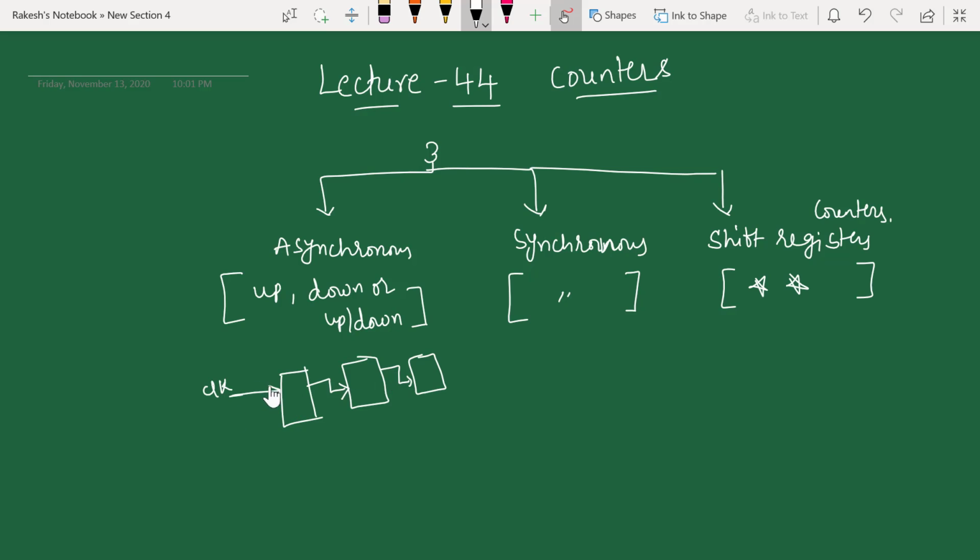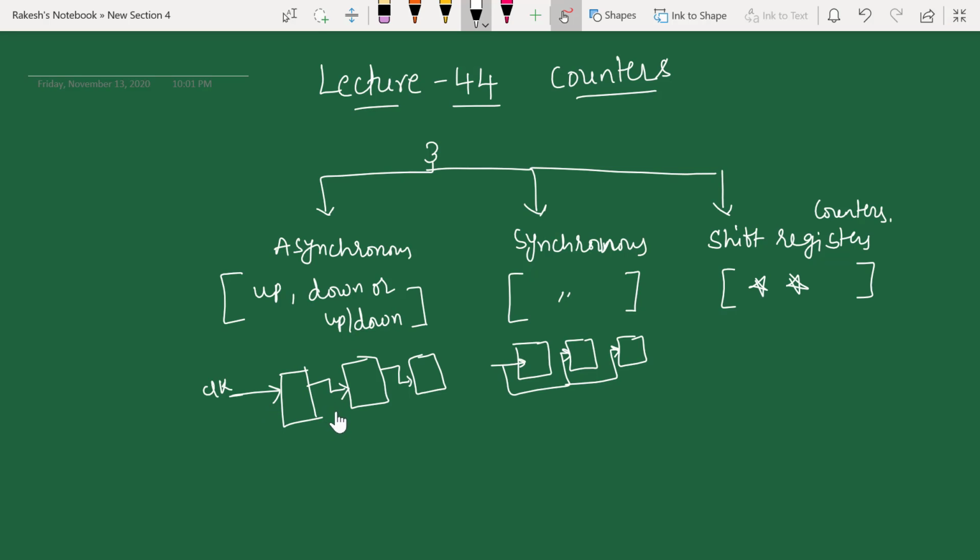That means your clock is given to only the first flip-flop. Whereas in the synchronous case, the clock will be given to all the flip-flops at the same time, simultaneously. The same clock will be given here and the same clock will be given here. This is the major difference between asynchronous and synchronous; even though both are synchronous with the clock, how the clock is given differs.